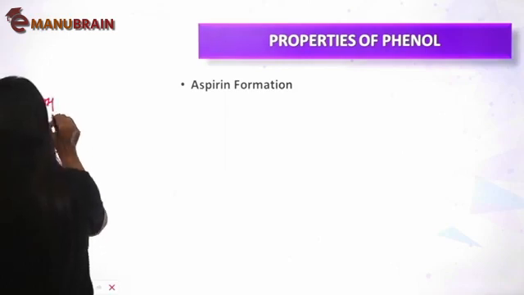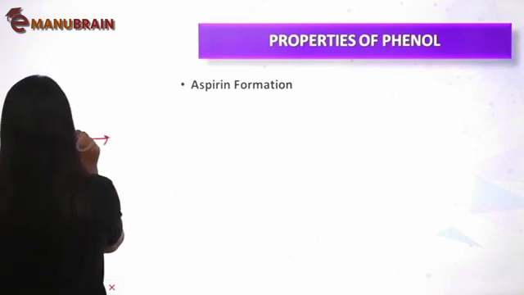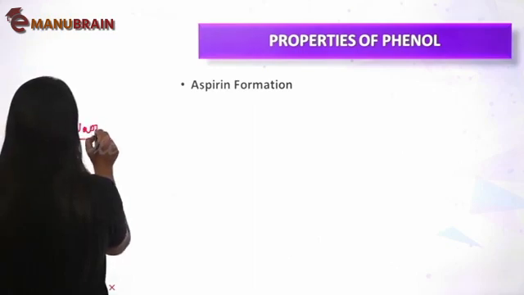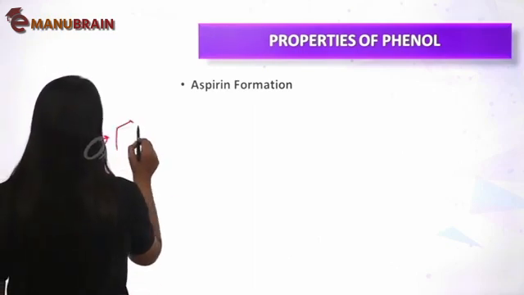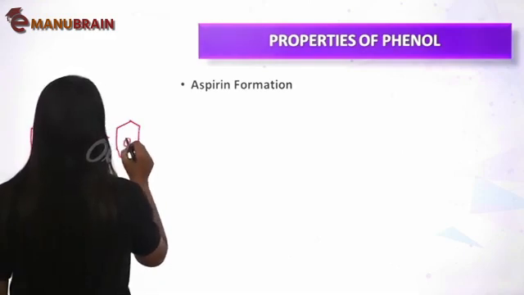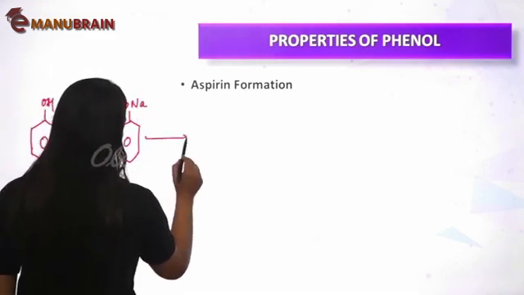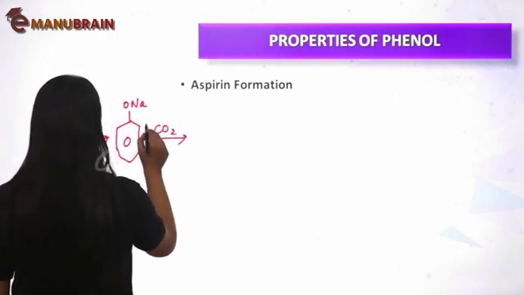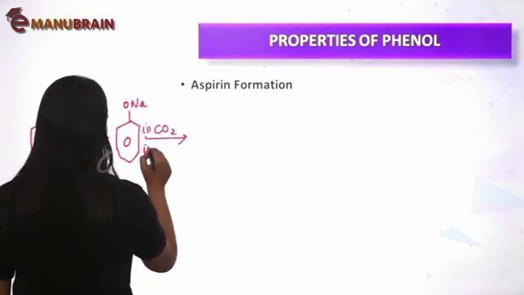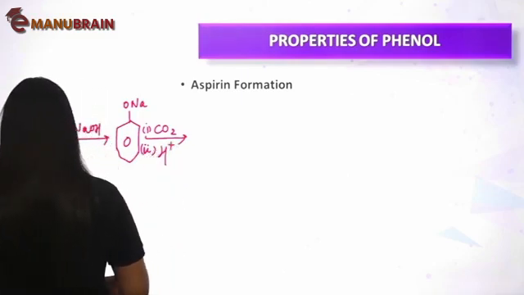So in Kolbe reaction, what happens? This phenol first reacts with a base to convert it into its phenoxide form. Okay, and then it reacts with carbon dioxide, and subsequent acidic hydrolysis is done.